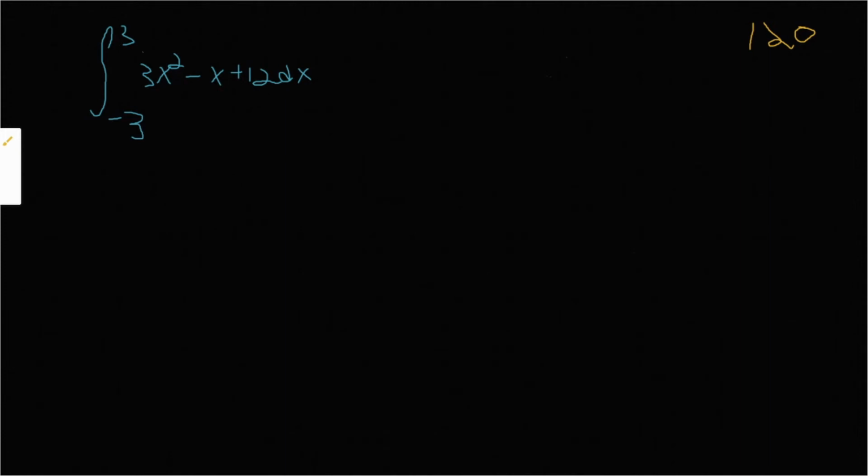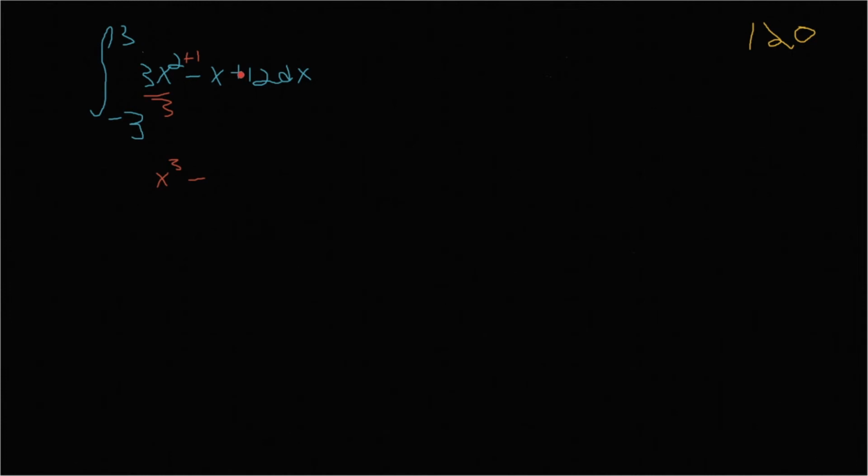We can do the power rule that we discussed at the beginning of the video. So we add 1 to the exponent, so that's going to be x cubed, and then divide by 3, so that's just x cubed.